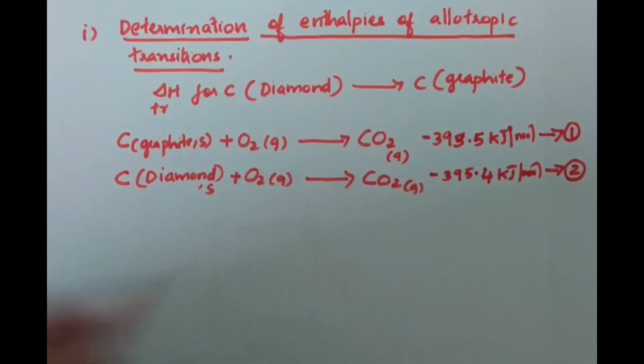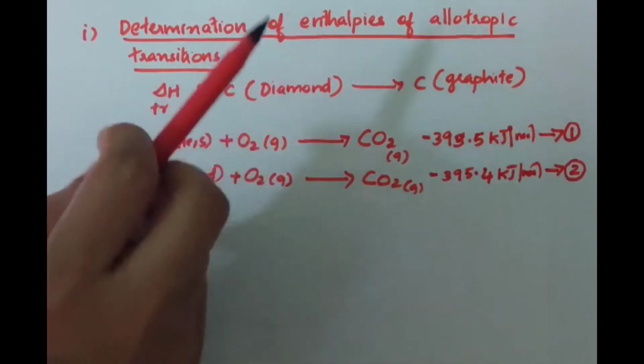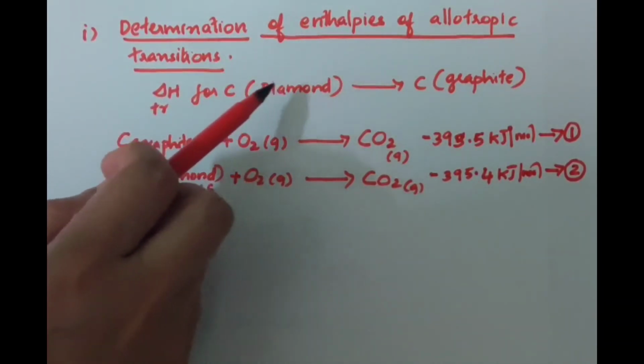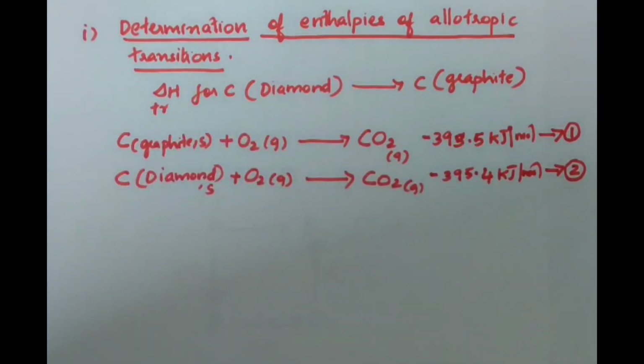And what is the actual delta H transition for this reaction? How can we find it? Can you guess? We had already discussed that chemical reactions can be added, subtracted, multiplied or divided with suitable numbers, just like algebraic equations.